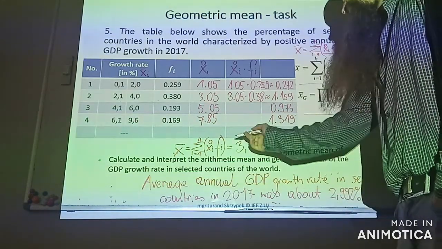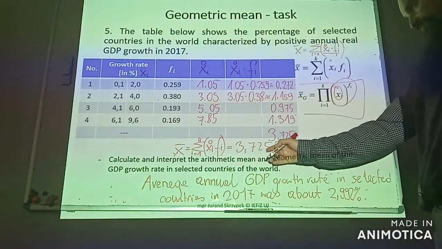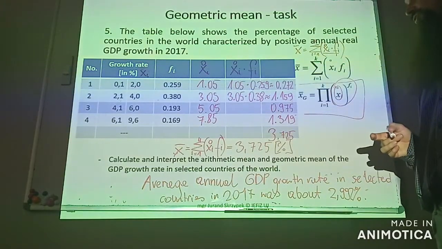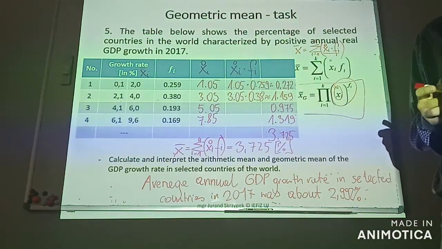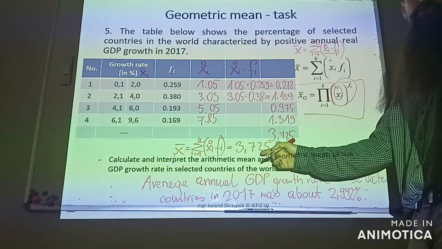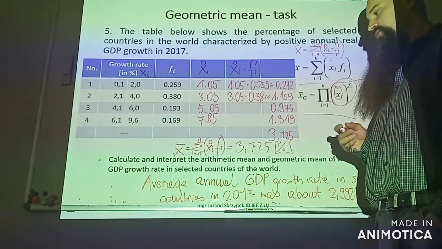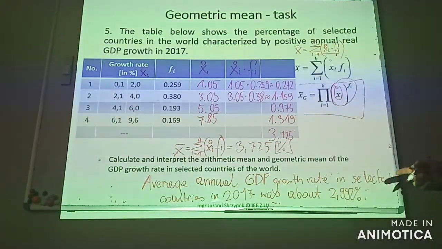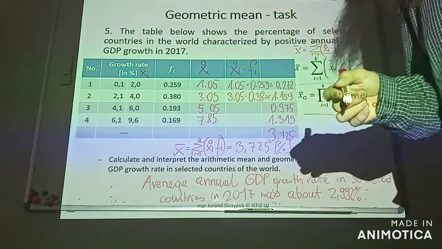And as you can see, average GDP growth rate using arithmetic mean is significantly higher than the analogous measure measured by geometric mean. Okay.